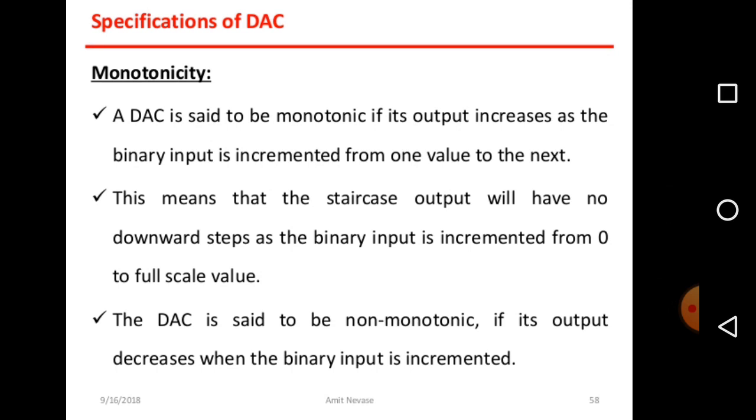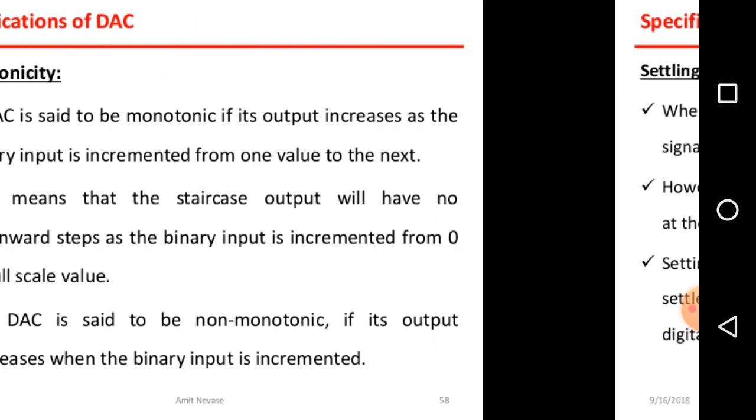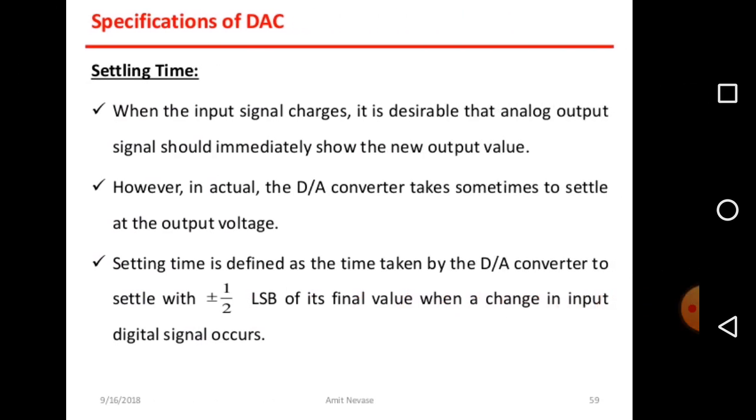This means that the staircase output will have no downward steps as the binary input is incremented from 0 to the full scale value. The DAC is said to be non-monotonic if its output decreases when the binary input is incremented.